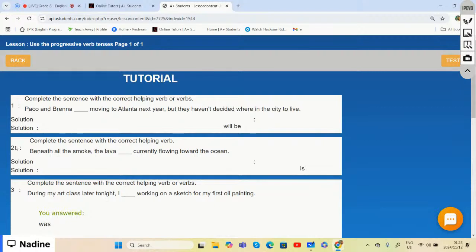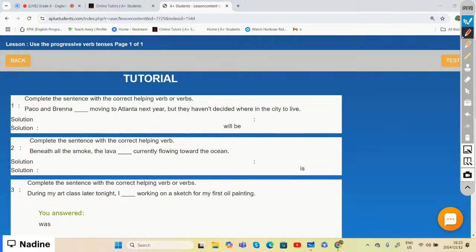All right. And if we were to identify the helping verb, then we will say that Paco and Brenna will be moving. So will be gives an indication that it is in the future.